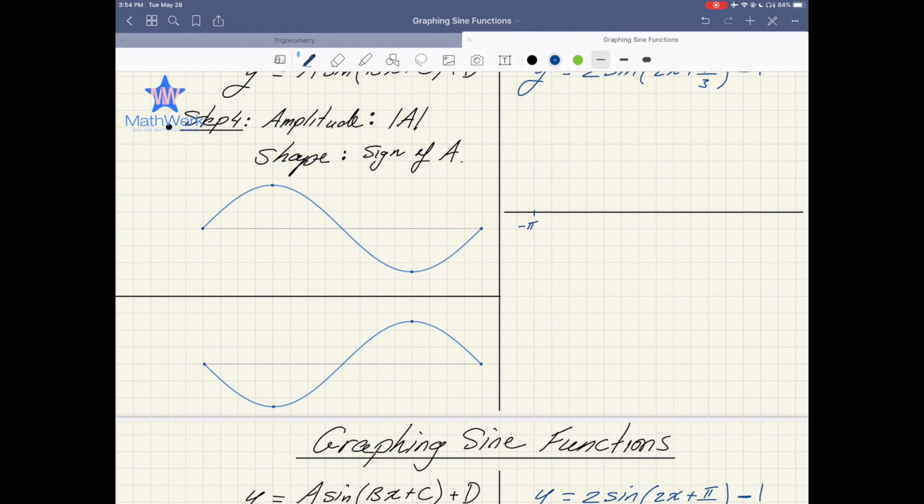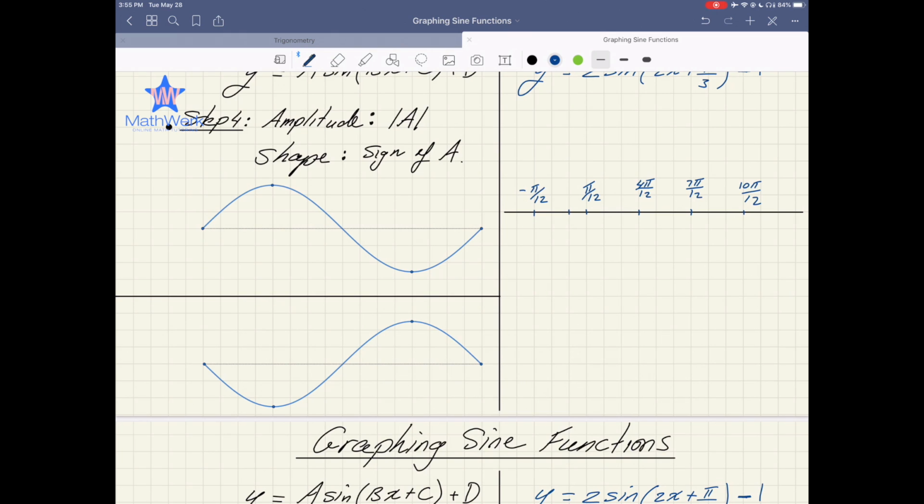And so this point is 0 pi over 12, and this point is pi over 12, and then this point is 4 pi over 12, and this point is 7 pi over 12, and finally this point is 10 pi over 12.